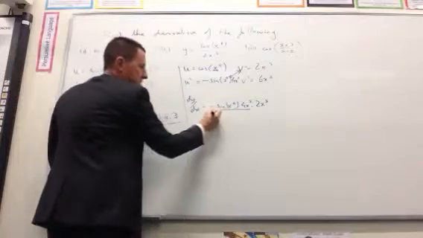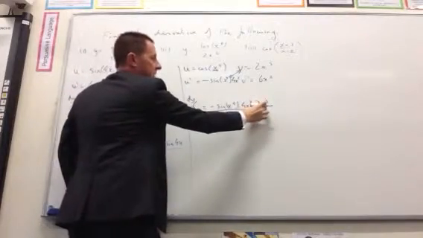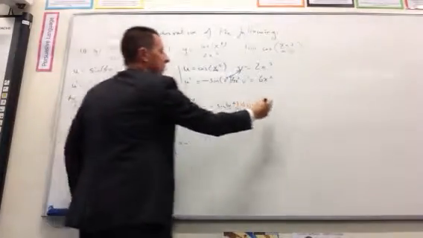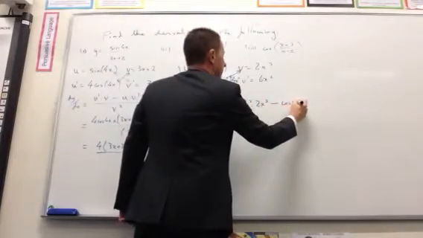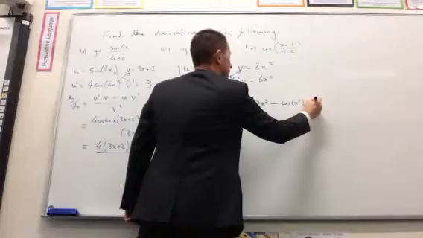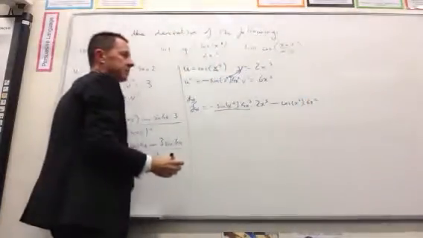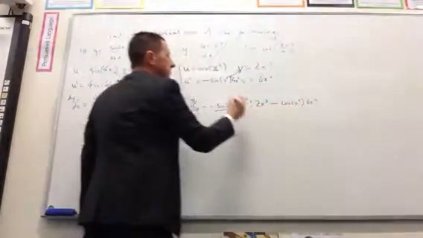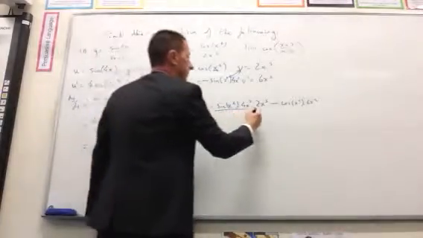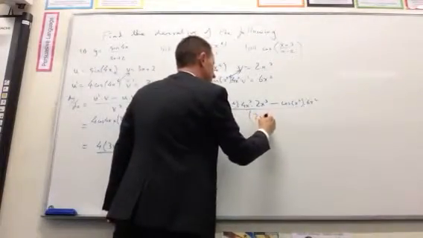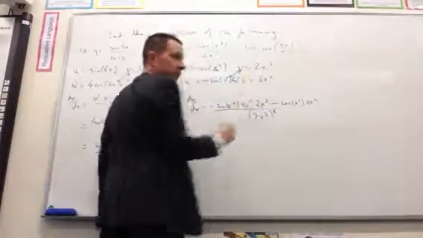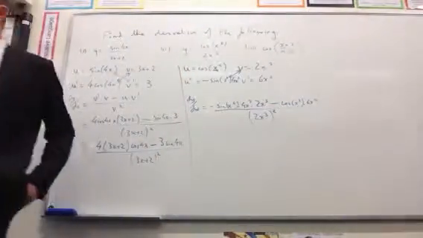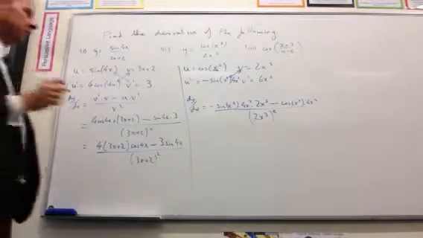So that's just the derivative u dash. That's the v, them together, minus the other way, cos x4, 6x squared, over the bottom line, which was 2x cubed squared. So I'm emphasising it there so that you don't mess up your maths going through.